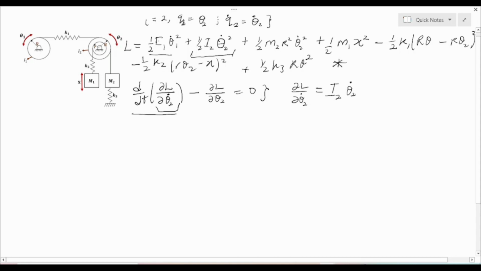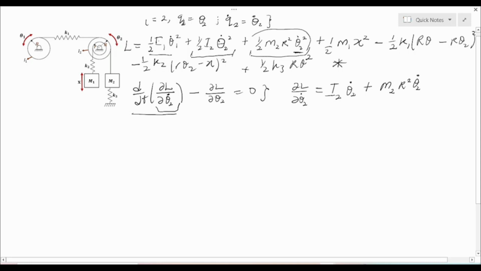The next term, which is half m2 r squared multiplied by theta 2 dot squared, if we differentiate the whole of this term, we bring in our sign plus, half times 2 cancels the half, so what will be left is m2 r squared theta 2 dot.